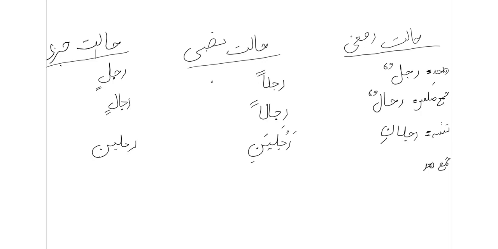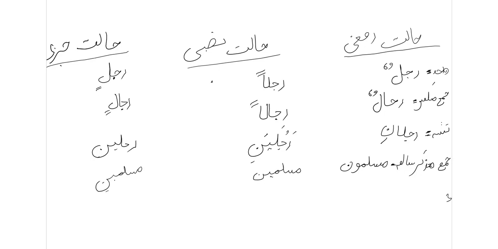Then we have jama muzakkar salim. In halat rafi, the I'rab of jama muzakkar salim is with waw noon. In halat nasbi, the I'rab of jama muzakkar salim is with ya noon, like muslimina, and the same goes with halat jarri, muslimina.